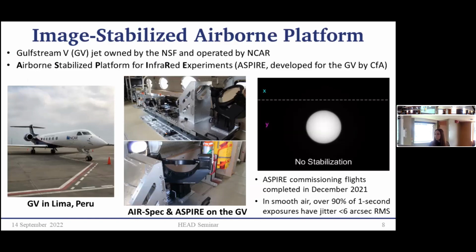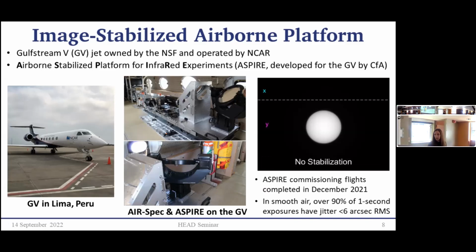I'm going to just talk quickly about our airborne platform and our image stabilization system. This is a bit out of chronological order because we just finished this version of it less than a year ago. But it sort of enables everything else we do on the airplane, and its predecessor enabled the previous Eclipse flights. So we fly on the Gulfstream 5 jet. This is owned by the National Science Foundation.